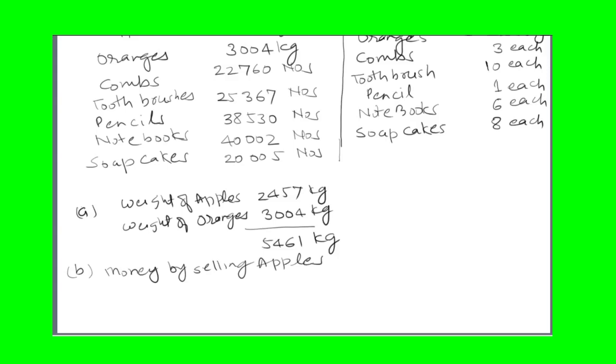The quantity sold is 2,457 kg multiplied by the rate given, 40 rupees per kg. That comes out to be 98,280 rupees.